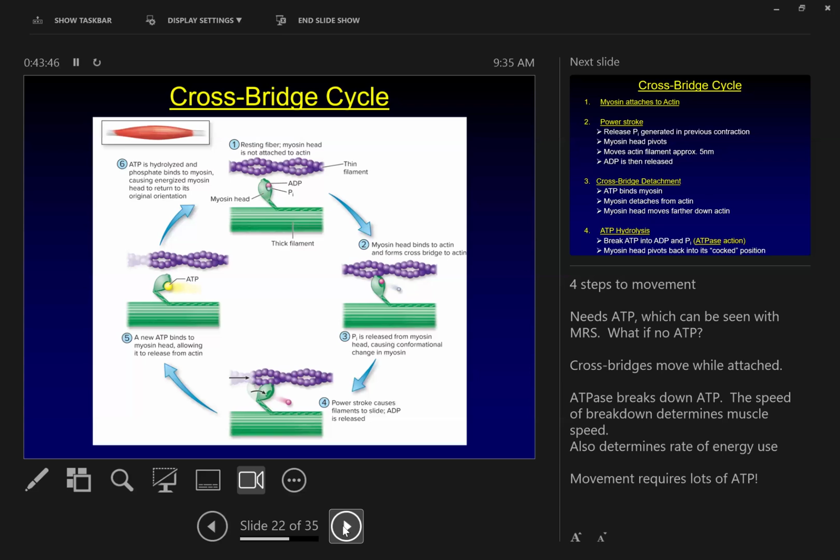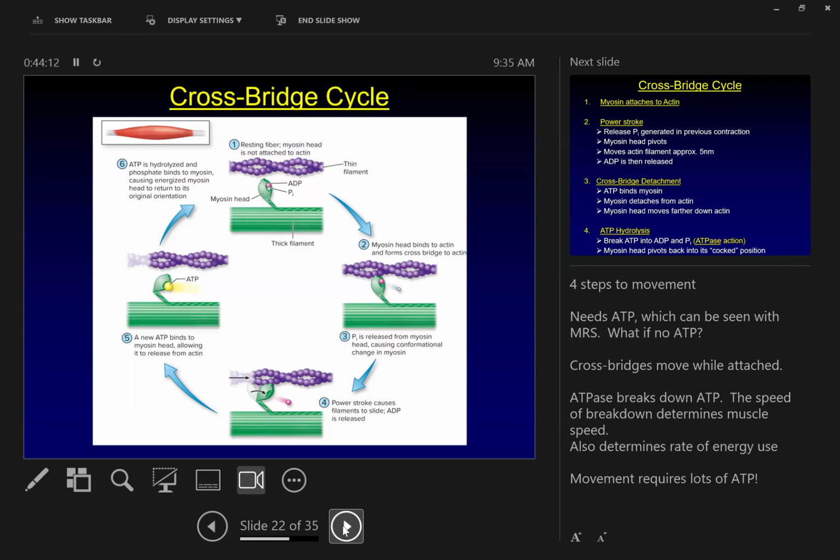What happens after the power stroke, though, is where we use energy. ATP comes in, binds, and that tells the myosin to let go of the actin. Then that ATP, with the myosin ATPase, gets broken down into ADP and inorganic phosphate, which stay on, and we start the whole thing over.